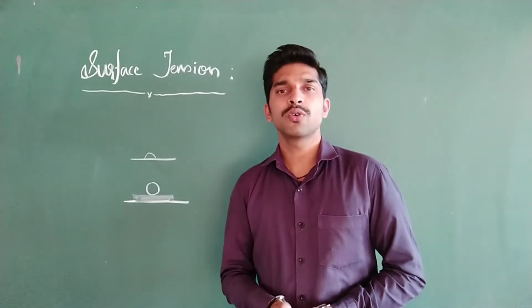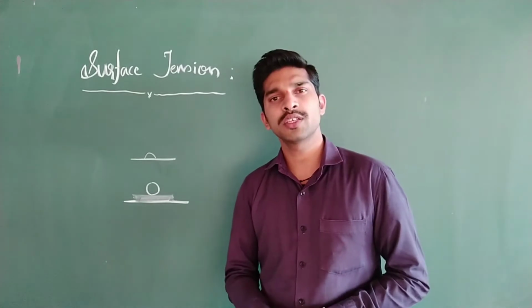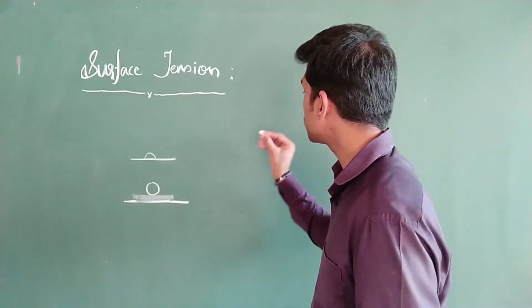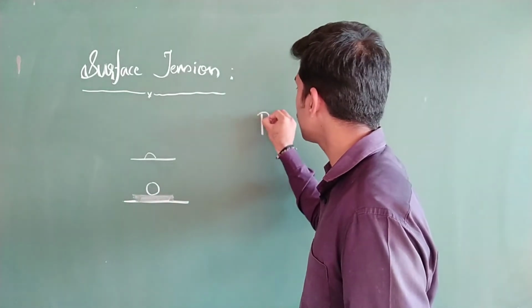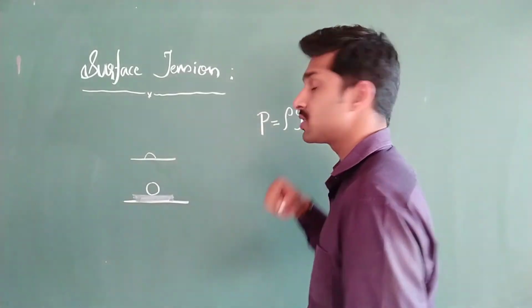Correct, no? So behavior of liquid, from the pressure definition for a liquid column, we came to know, what is the pressure formula? We had written P is equal to rho g h.